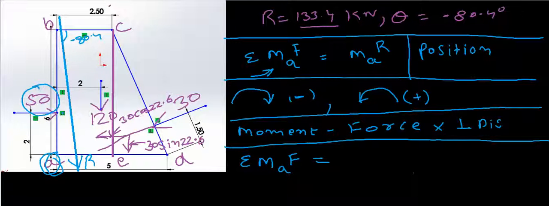Assume I apply a 50 kilonewton force and there is a pin at point A, then this system will rotate clockwise because of this force, and if it is clockwise then the sign is negative. So this will become negative 50 into, this is the force, 50, into the perpendicular distance, which is 2. So this is 50 into 2.